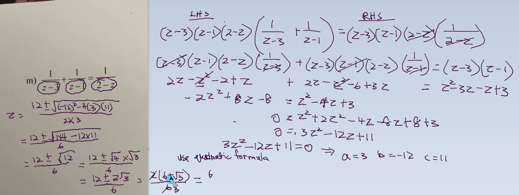So 6 plus minus square root 3 over 3. There's no more common factor. So your answer z is equal to 6 plus square root 3 over 3 and 6 minus square root 3 over 3.